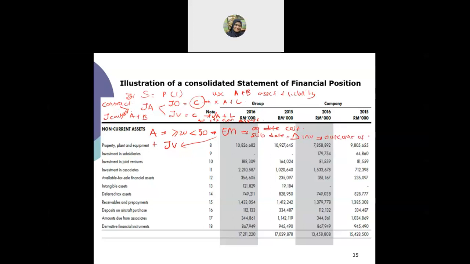Once the associate reports a profit, the investment increases. If they report a loss, the investment is reduced. The same thing when they pay a dividend, because the dividend is paid using the profit, so the amount of the investment is reduced. So this is the method that we use here.